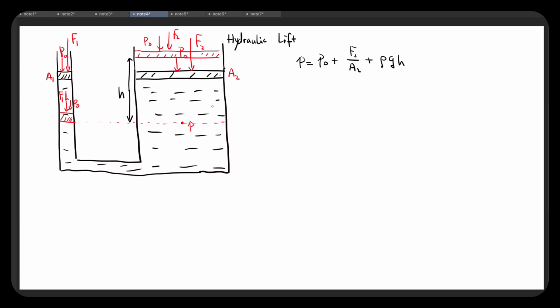Okay, and on the other hand, we can also think about the left side. So the pressure here is equal to the pressure right at the bottom of this piston, which is given by P naught plus F1 over A1. And let's combine these two equations, and then we get the following equation.